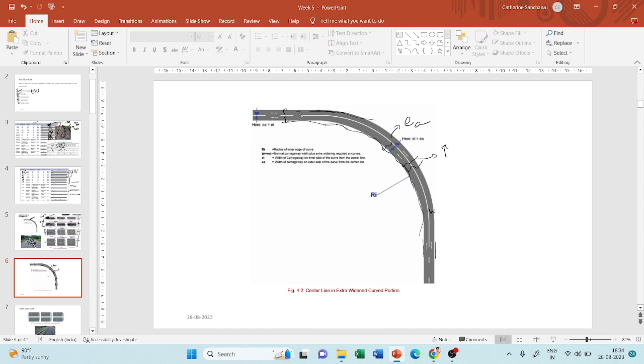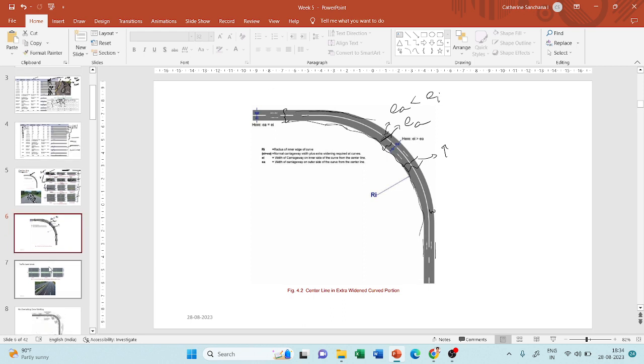So the center line will not be at the center of this carriageway, but it will be somewhat towards the right, because the width of this EA is less than EI. So the width of the inner lane is more than the width of the outer lane. So this is the center line on a horizontal curve.